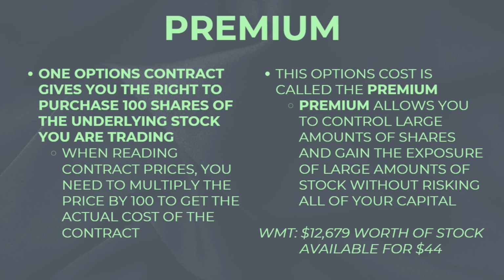We will get into that in a little more detail. But you can see that the 100x multiplier of options, leveraging that premium, gives us an opportunity to play with large amounts of capital without needing to have $13,000 to put on the market.